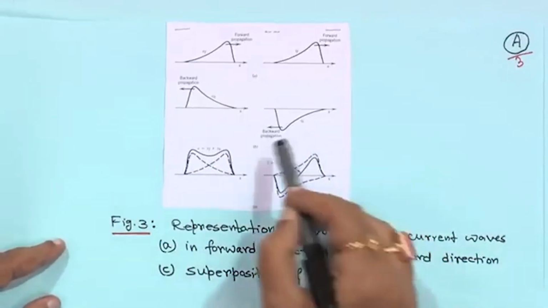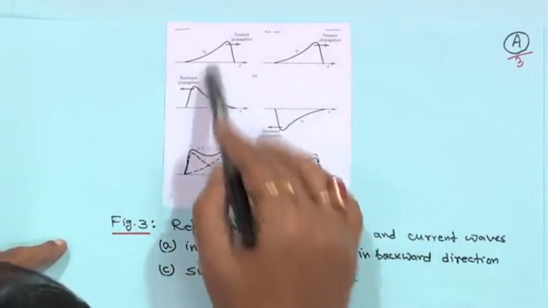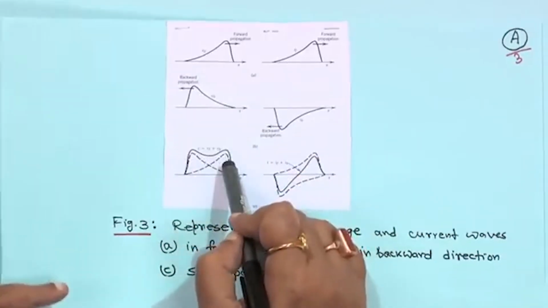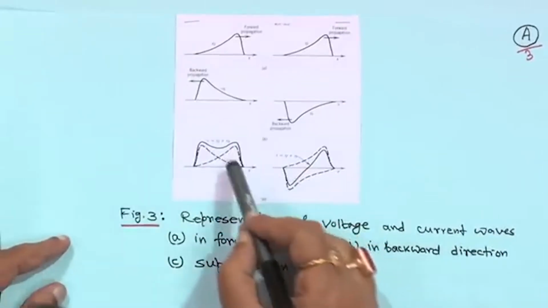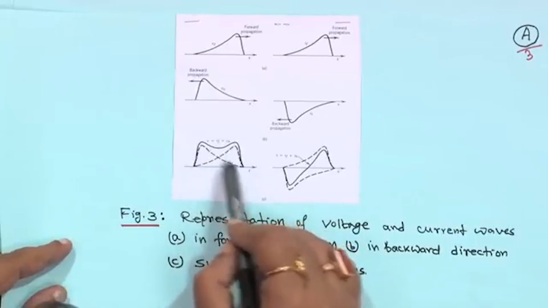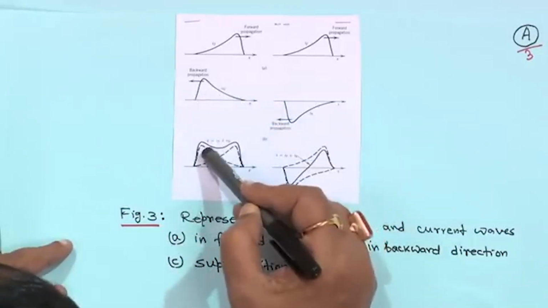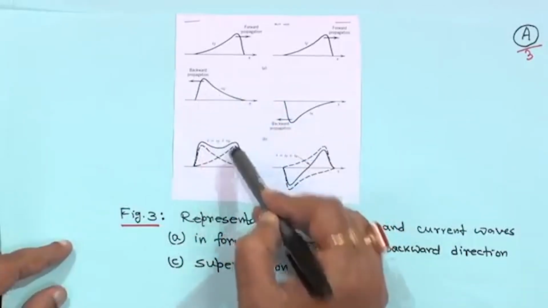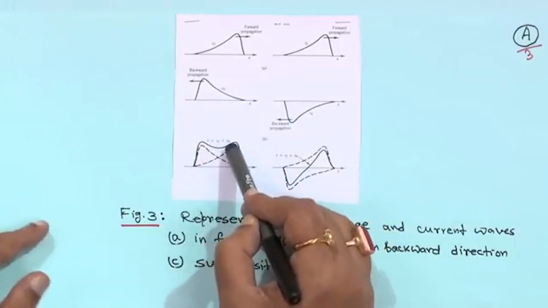Now if you add both Vf plus Vb, in that case, this continuous line is Vf plus Vb, and the dash line is the backward one and the other one is forward. If you add this, it will be Vf plus Vb.